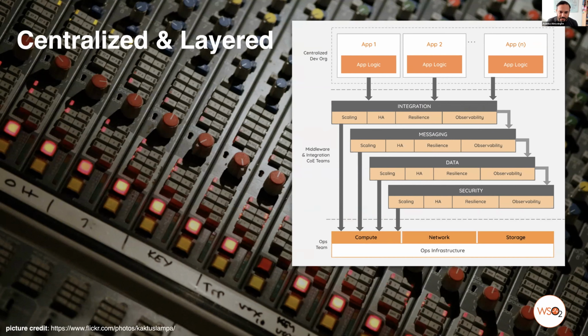Before we look at the new architecture style, let's look at the past: what really happened and why we are here with this new architecture style. If you look at the timeline, we started with monolithic architecture styles, where user interface, business logic, and data were bundled together.